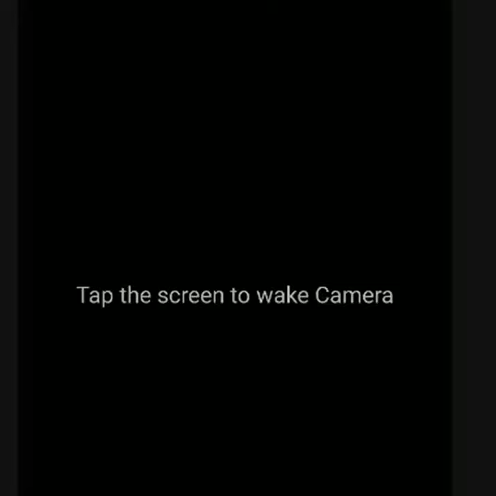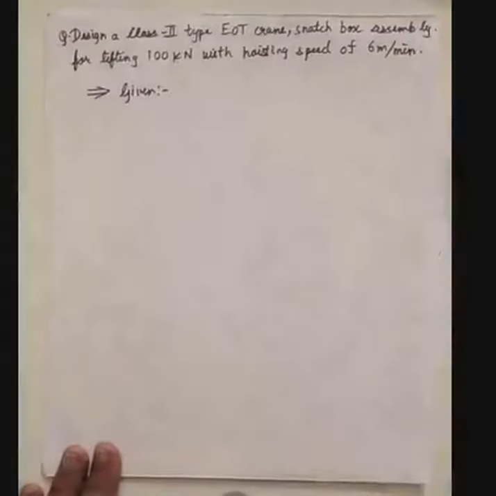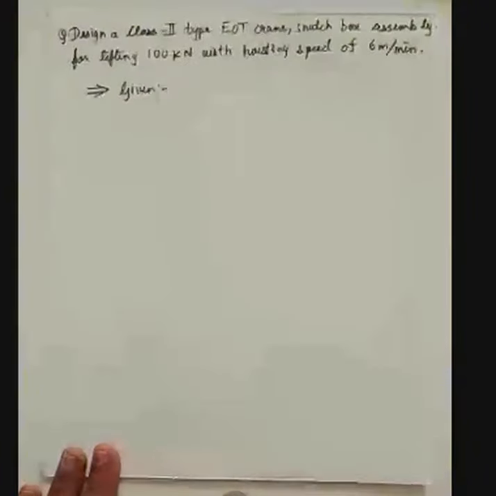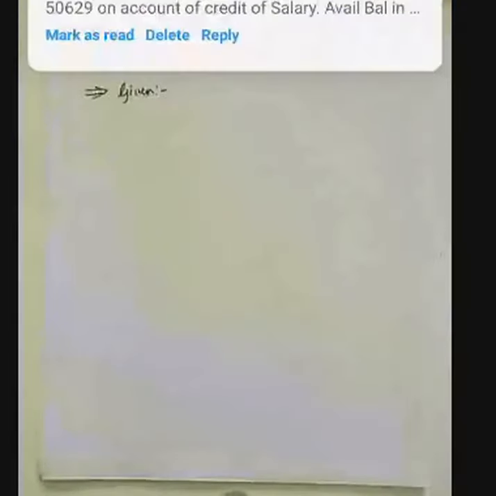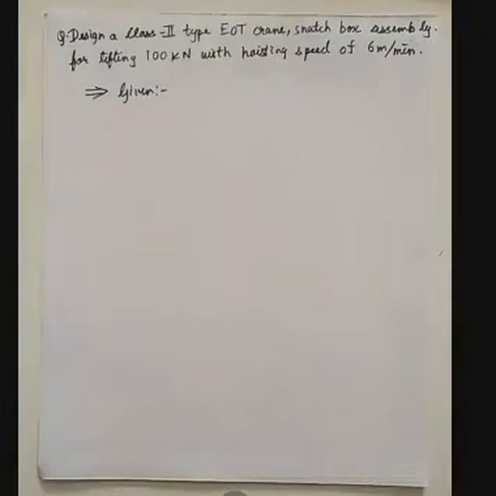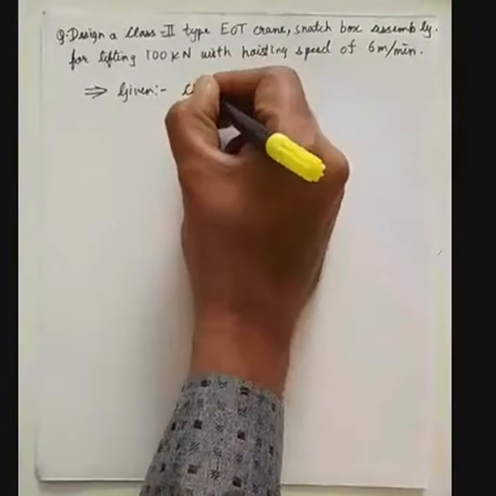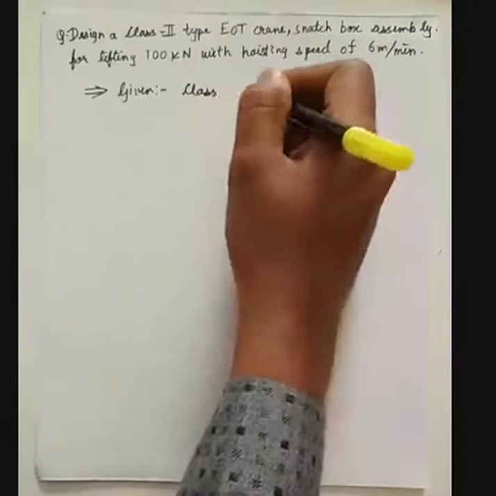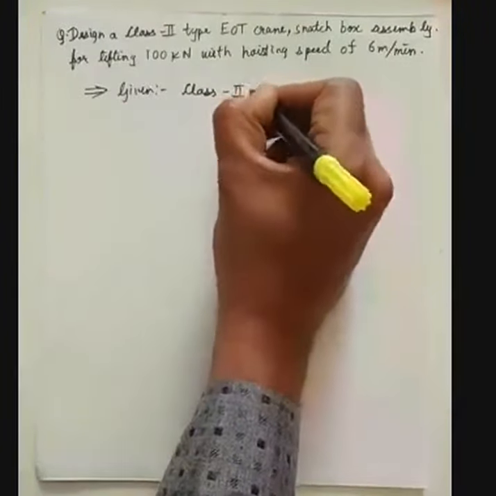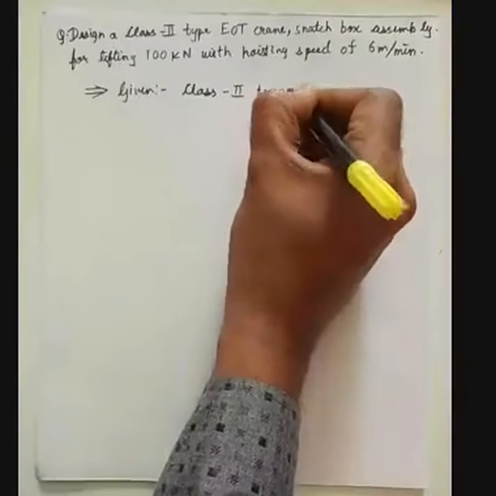So in the given section, we will write what all things are given to us. The first most important thing given to us is that we have to write the class of the EOT, that is class 2 type EOT we have to design.